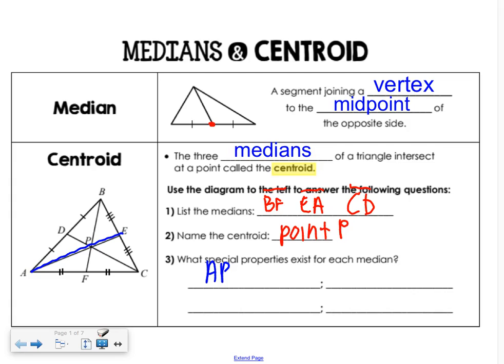So AP is 2/3 of AE. So then that would mean PE is what portion of AE? 1/3. So it breaks up into 2/3 and 1/3.